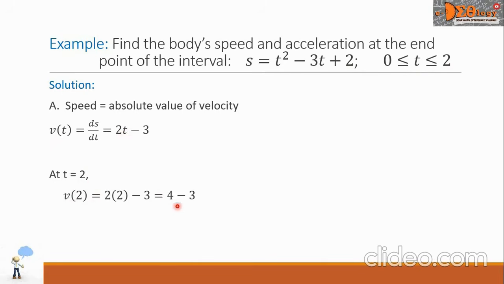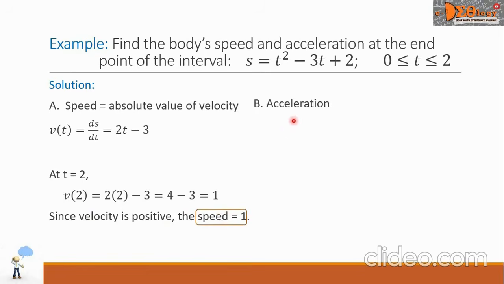So we have 4 minus 3 equals 1. Since velocity is positive and the absolute value of positive 1 is 1, we write here the speed equals 1. This is our final answer.